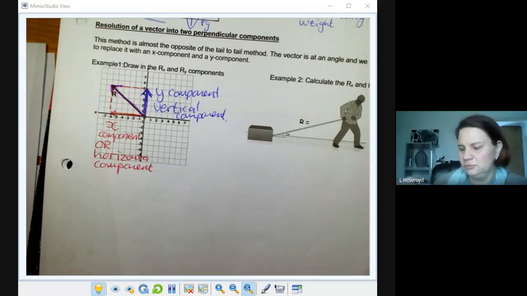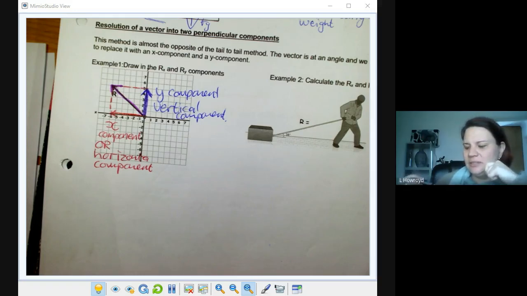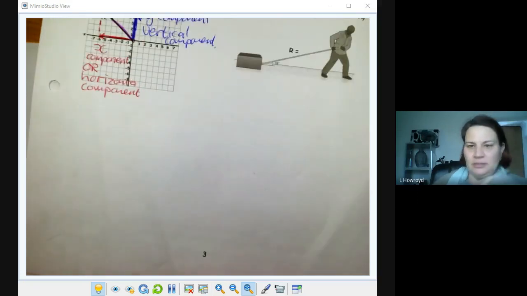No, ma'am. You're all okay? Ma'am, what do you mean by the purple line might not be the resultant? Okay, so let's consider if this was not force, for example, if we consider a displacement.